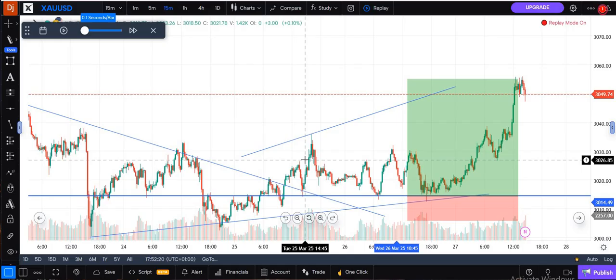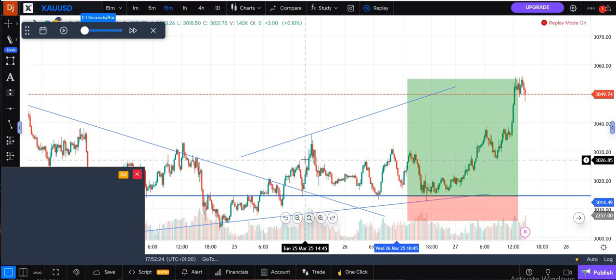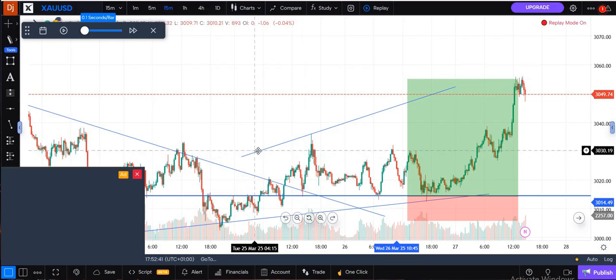Sometimes the market might go to the center of the fair value gap and react from it. Sometimes the market can even break past the fair value gap and still move. So you can never know. But with trend line and market structure, 95% of the time you know exactly what the market wants to do.